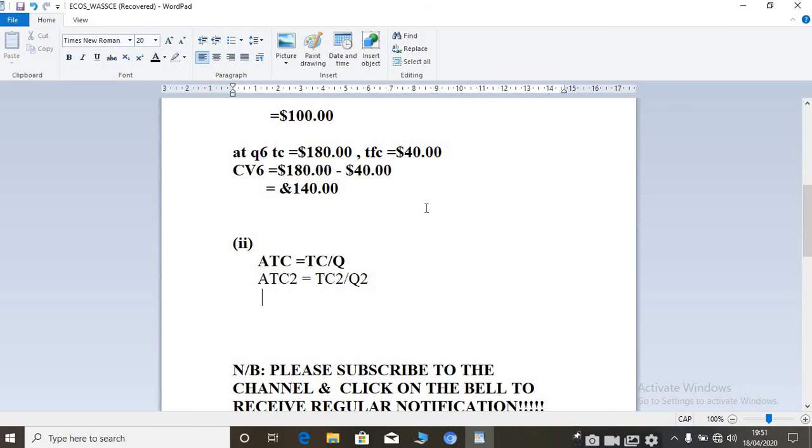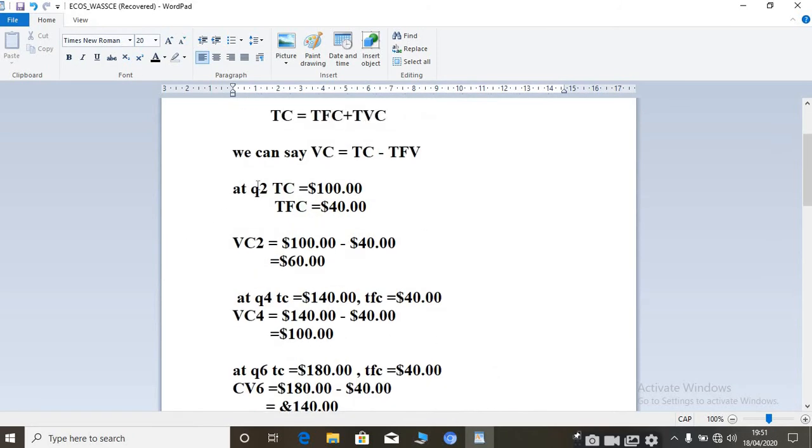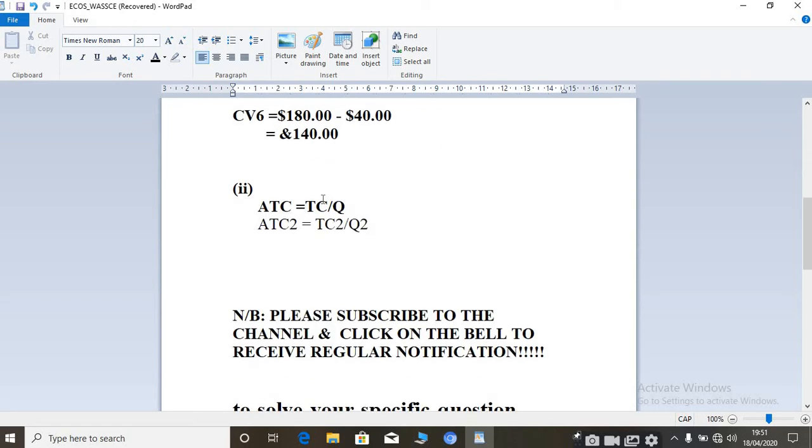Even from our previous solution, we said at Q2 the total cost is $100, so at times you can even get the answer from there, but I want you to understand how we got that $100. In your solution, you have to write it: at Q2, total cost equal to $100.